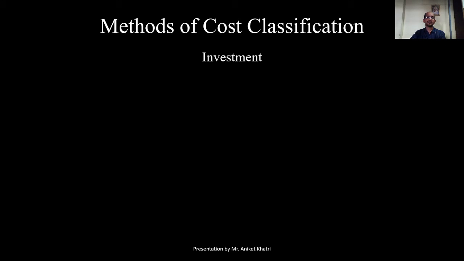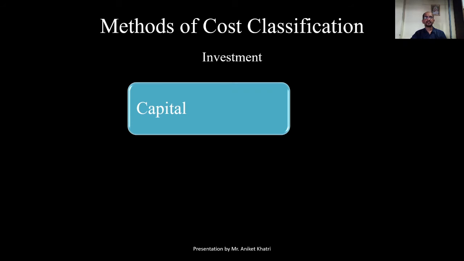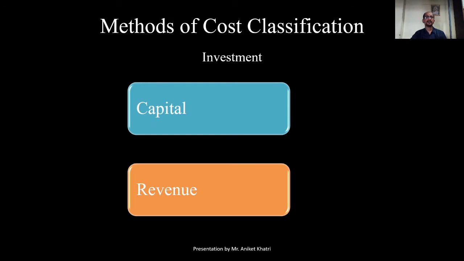Next, methods of cost classification according to investment. Again, there are two types. One is capital cost, and second is revenue cost. Capital cost is in relation to the benefit accruing from that particular expenditure.